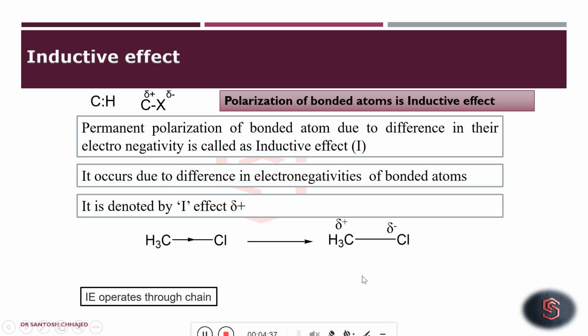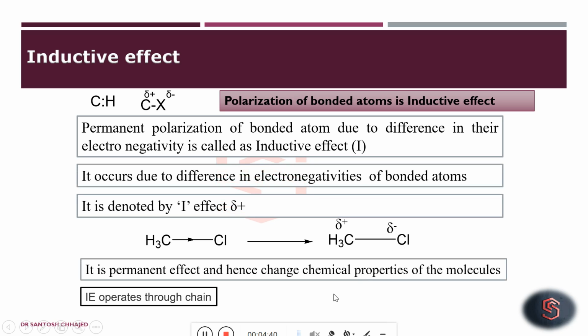When we say it operates through a chain, it means that if more groups are attached in a chain to this halogen, say chlorine, for example CH2, CH2, CH2 and CH3, then though the terminal CH3 is not attached to chlorine directly, this terminal CH3 will also become slightly electron deficient, not as much as the one directly linked to chlorine.